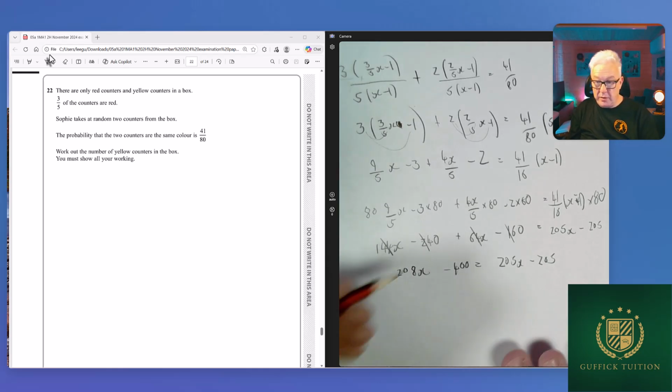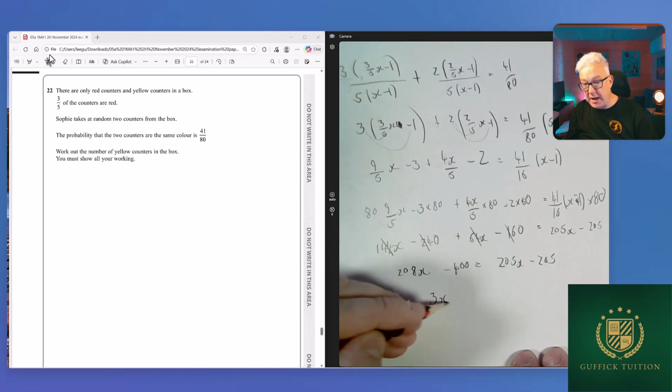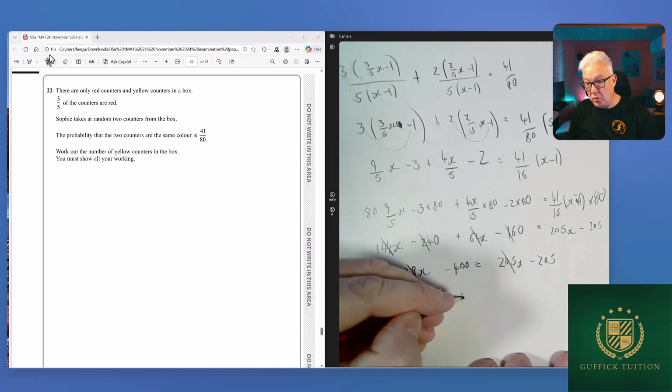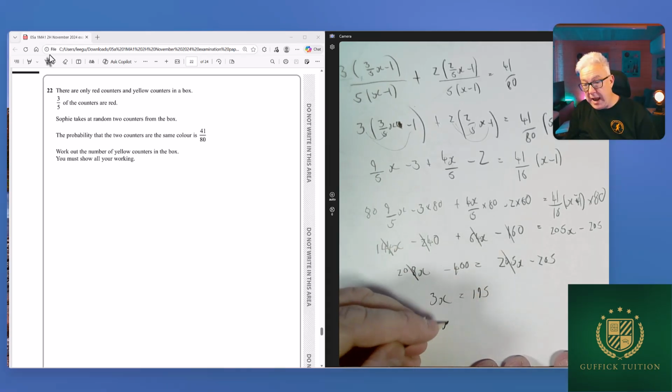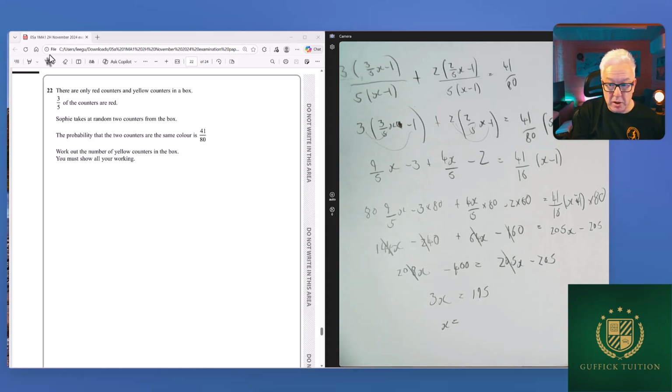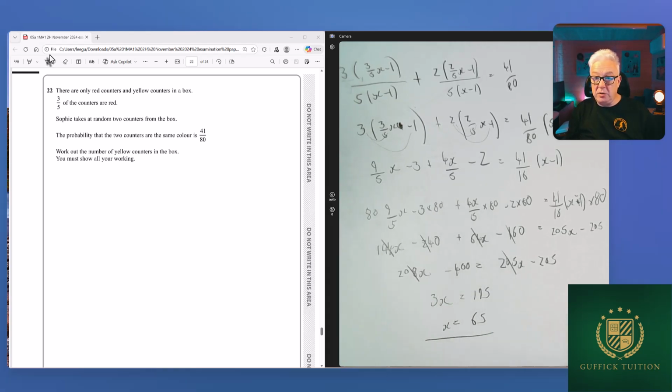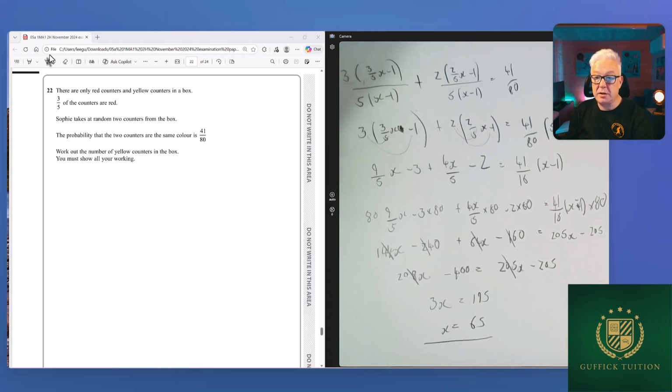So now 208 minus 205 is 3x, that one take away that one is 3x, and 400 take away 205 is 195. So x, which is, remember, the total number of counters in the box, is 195 divided by 3, which is 65. So 65 is the total number of counters in the box, okay?